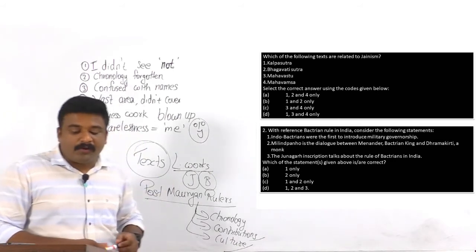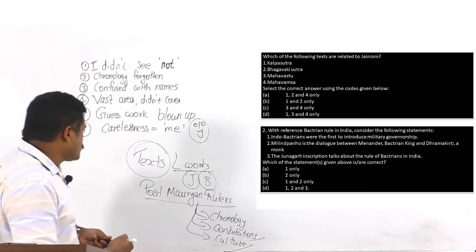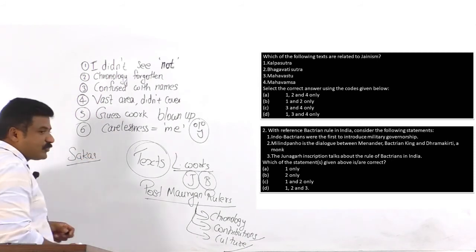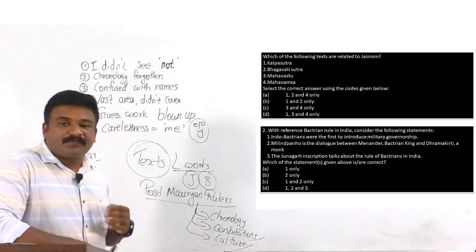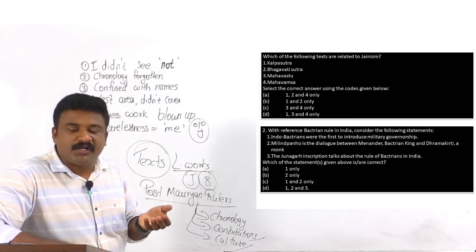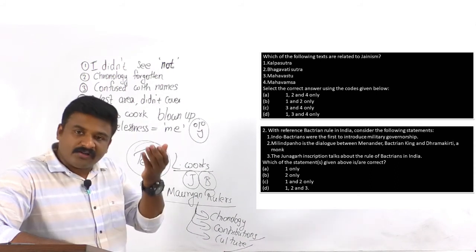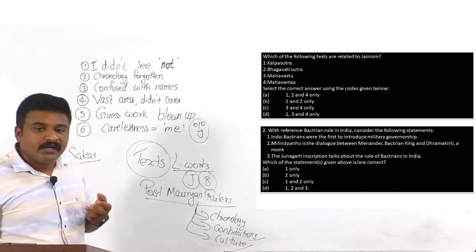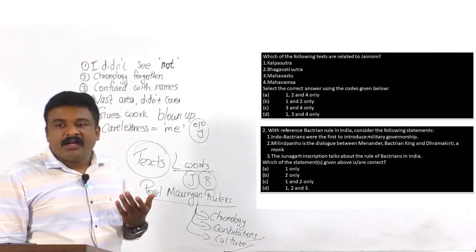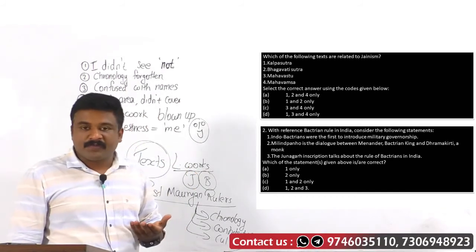Junagadh inscription talks about the rule of Bactrians in India. Actually, it is not a rule of Bactrians, it's of Shakas. Shakas are also from Central Asia. After the Indo-Greeks, we study about the Shakas. You should understand that Rudradaman, whom you heard about, is a popular Shaka ruler. He is known for repairing the Sudarshana lake, and he also defeated the Satavahanas.